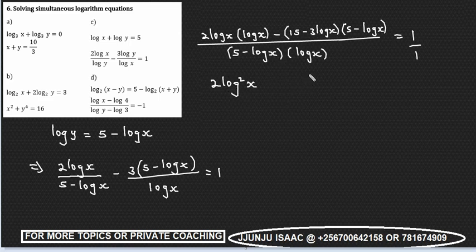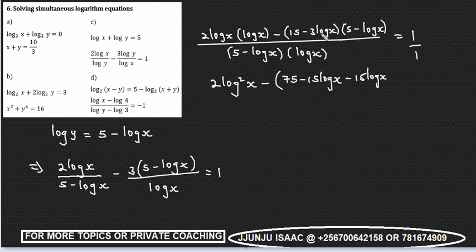So then minus, we are going to multiply these two. 15 times 5, you get 75. Now 15 times negative log x, you get negative 15 log x. Then negative 3 log x times 5, you get negative 15 log x.